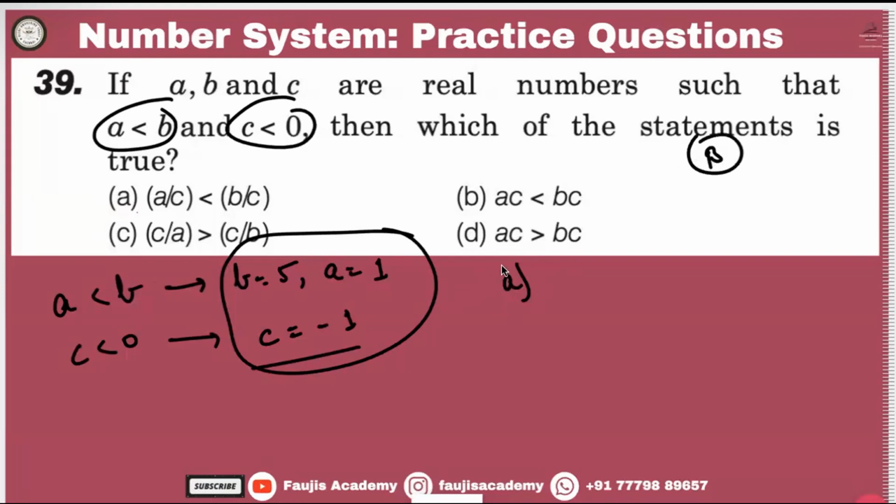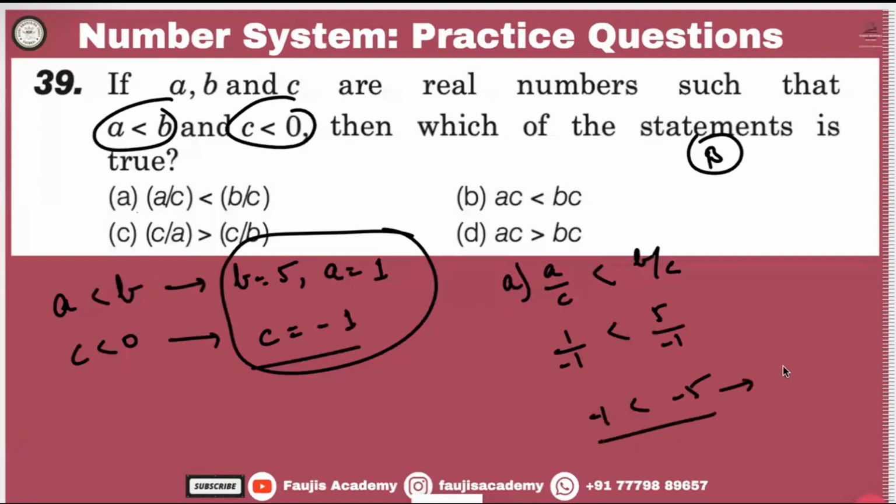So option A over here is A by C is less than B by C. A by C means 1 by -1, which is essentially -1 only, is less than B by C. B by C is -5, which is saying that -1 is less than -5.